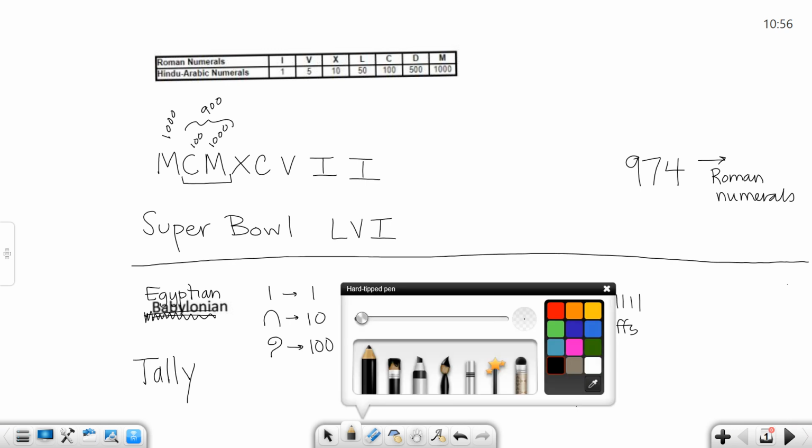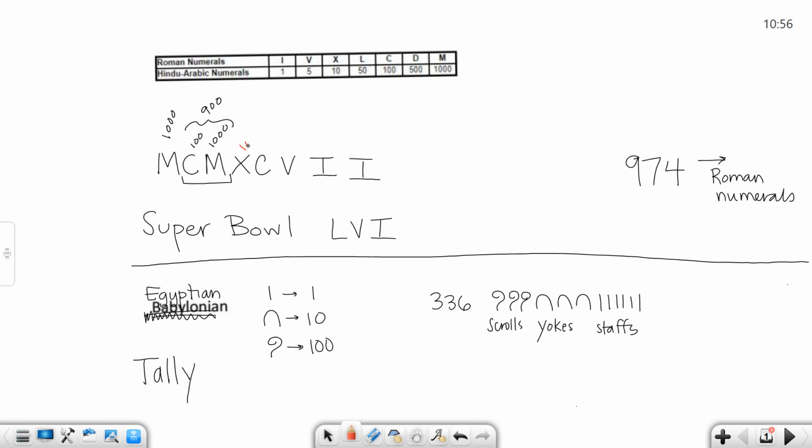Okay, so let's look at this next one. The next one I see is 10, and then the next one I see after 10 is 100. That's a lower number in front of a higher number, which tells me to subtract. So 100 minus 10 would give me 90.